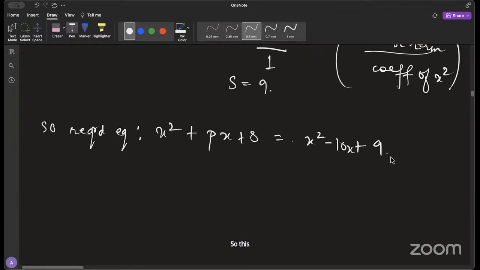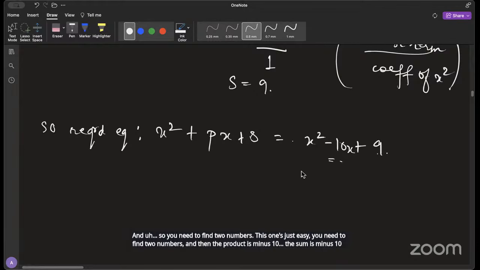So this is it. And now you need to find two numbers. This one's just easy. The sum is minus 10 and the product is 9.